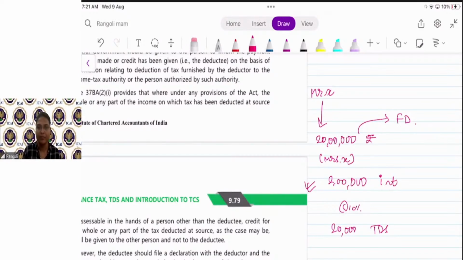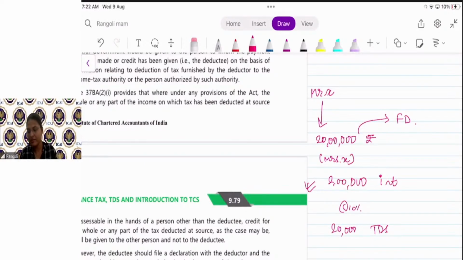Now here, the deposit is made by Mrs. X. So the bank will deduct TDS on account of Mrs. X, right? But the income is taxable in the hand of Mr. X, right?